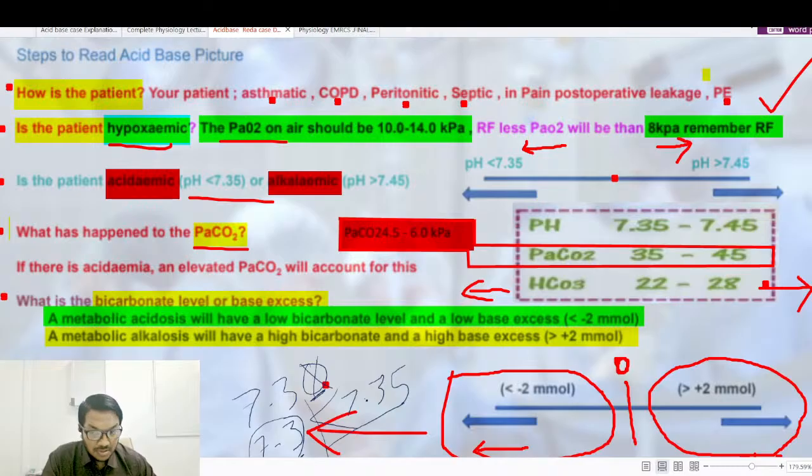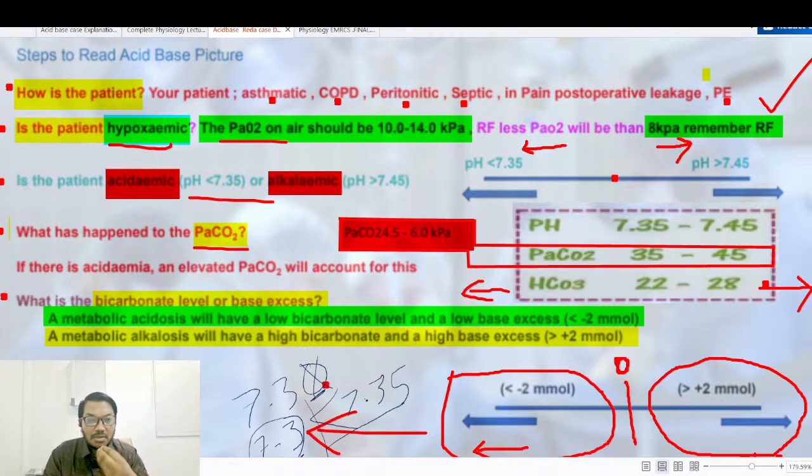So first view of any patient, suppose any patient coming from emergency, when we see any patient, first we need to have a basic idea. How is the patient? Patient is young, old, child, adult, and in which state.